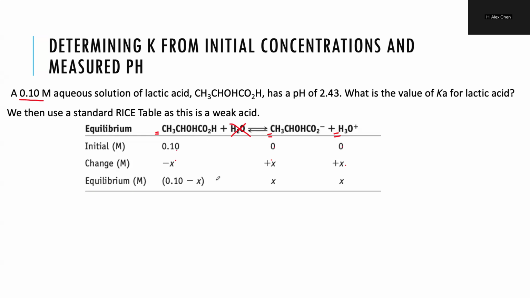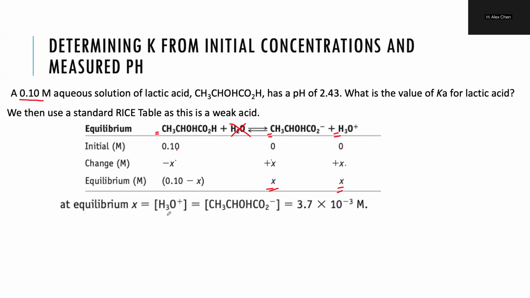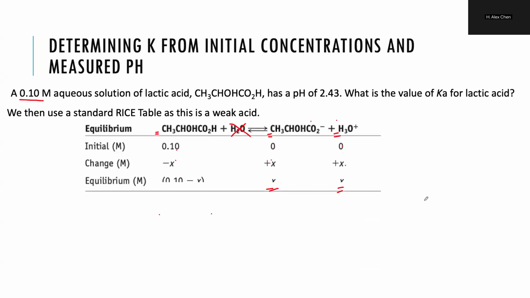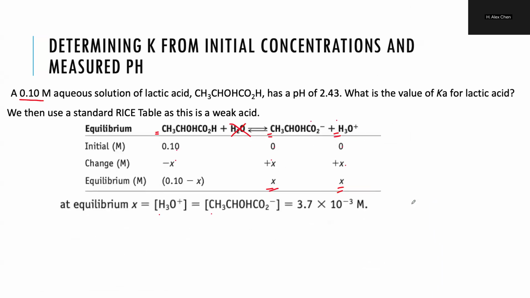That's my equilibrium column. Now, what I can see here is that the two x's are going to be the same. So I can conclude that my hydronium concentration and my conjugate base concentration are the same. In my last step, I found my hydronium concentration, so I can conclude that they're both equal to 3.7 times 10 to the negative third power.